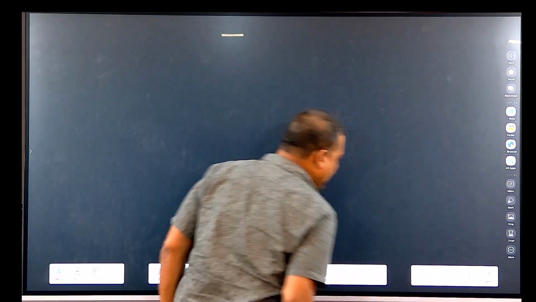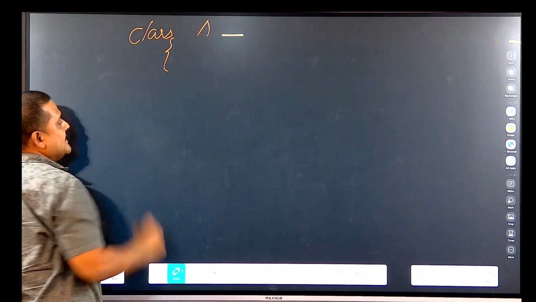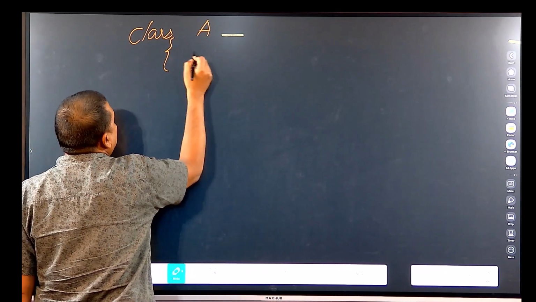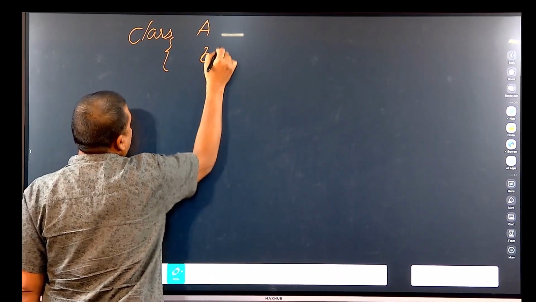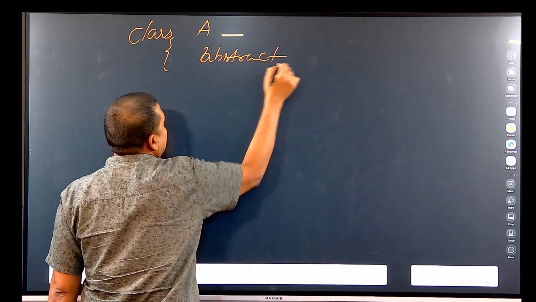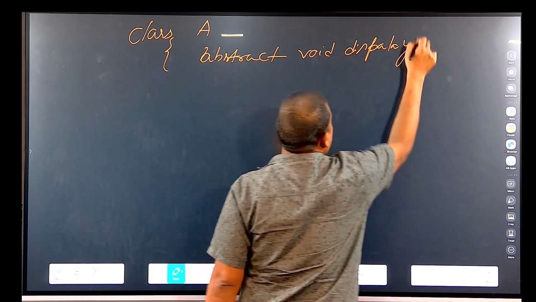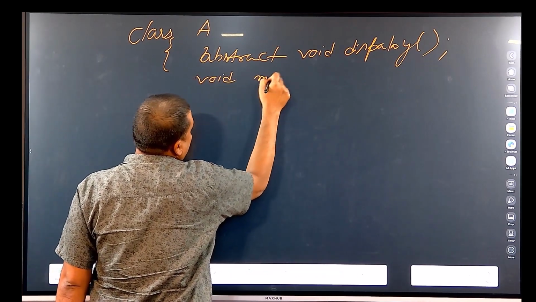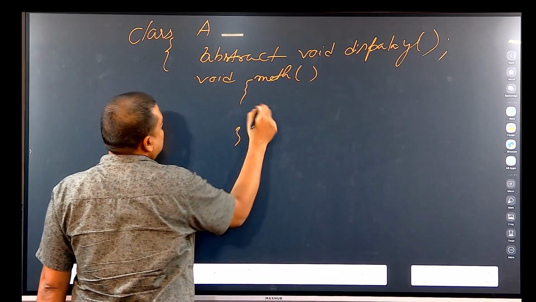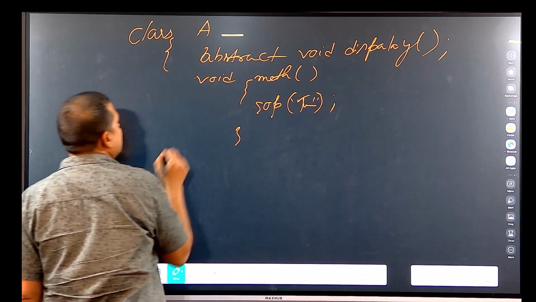Now, say for example, we have a class A. In this class there is an abstract method defined, abstract void display, and another method, void meth, which displays something in Java.